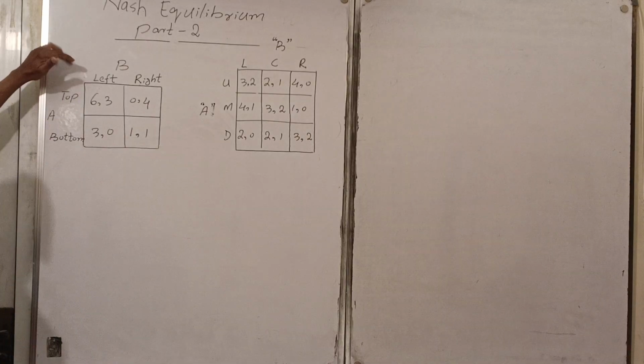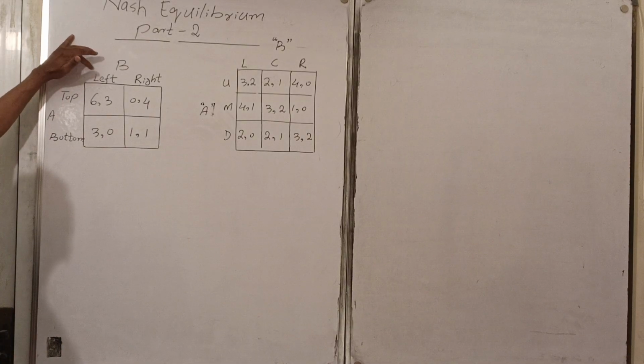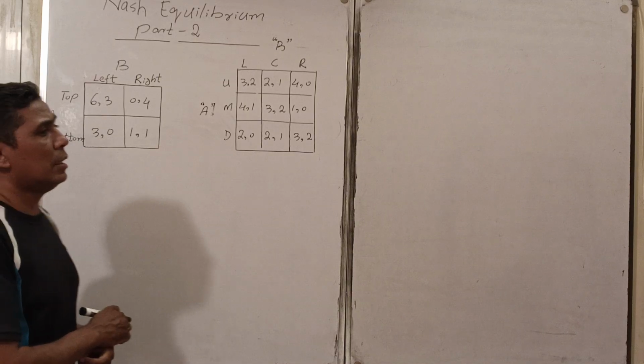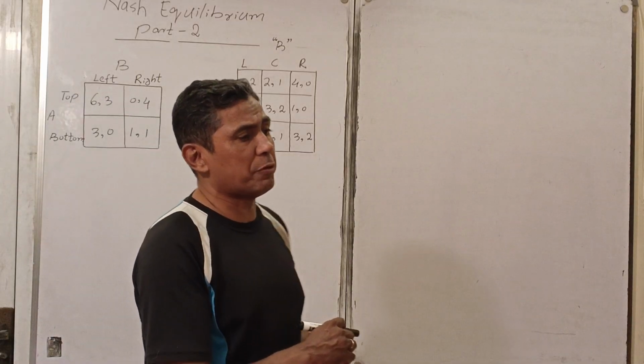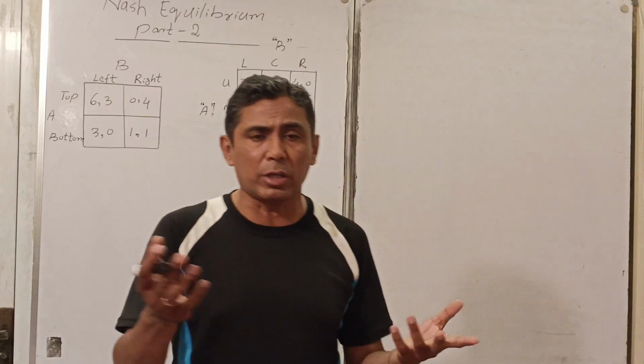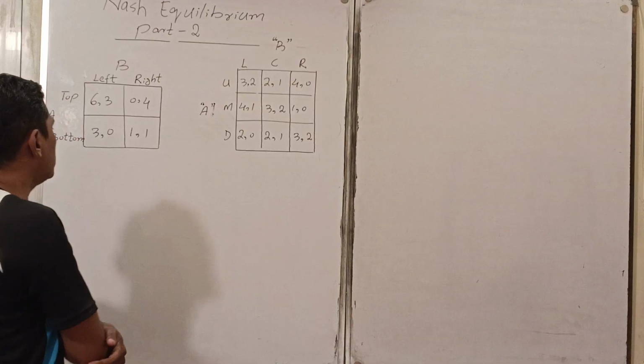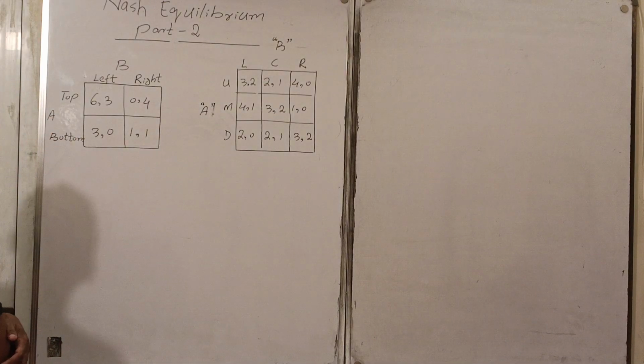These are the numbers associated with their profits, payoffs, utility, whatever you want to call it. So today, first of all, we will try to find out the solution of that Nash equilibrium.